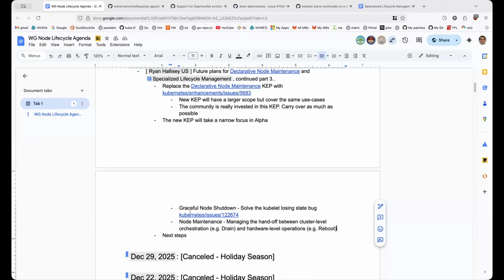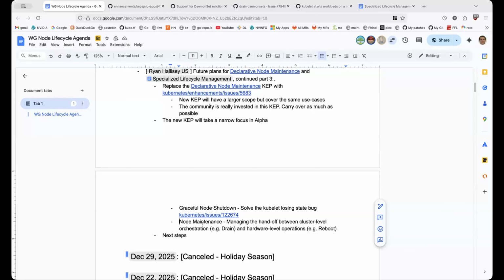Besides these two wins, I have a specific case in mind, which would be the kubectl server-side drain. A very specific implementation of node maintenance, or even a specific part of node maintenance, to show how this could work and what the value and power of it would be.